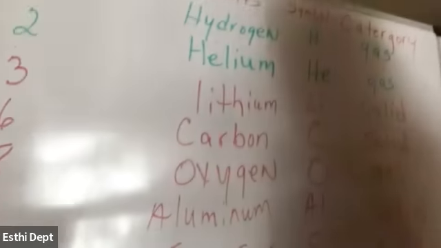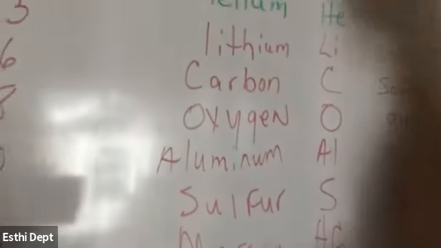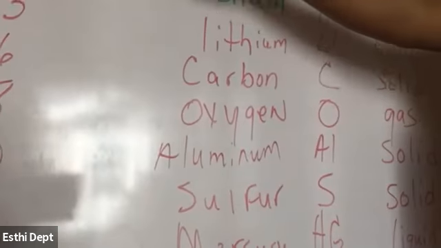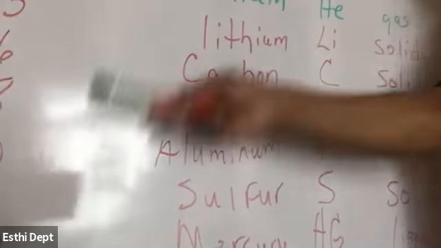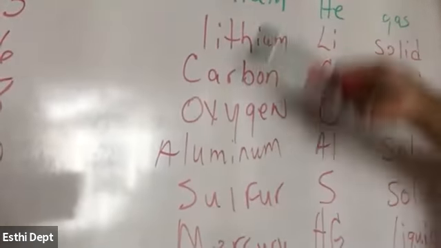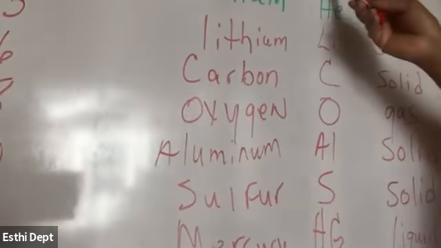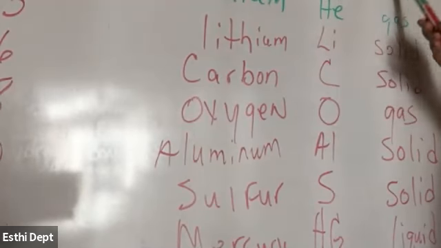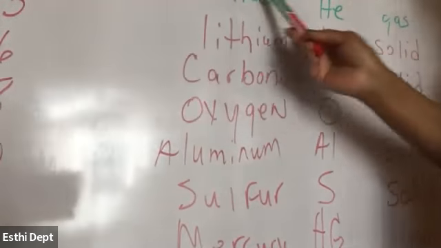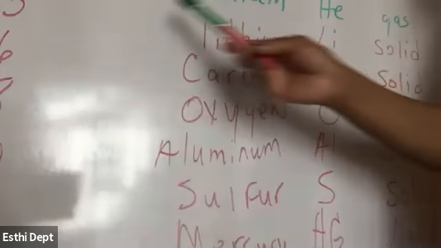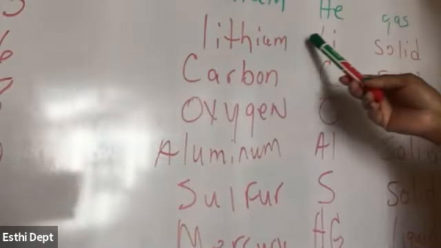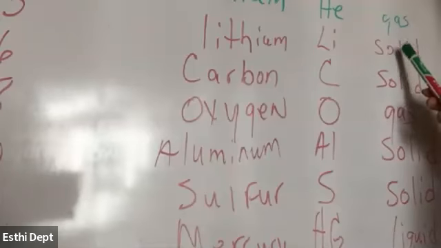Okay, so you have atomic number in one row, elements in the other, symbol and category. So one is hydrogen and the symbol is H and it's a gas. Two is helium, He, a gas. Three is lithium, the symbol is Li and it's a solid.